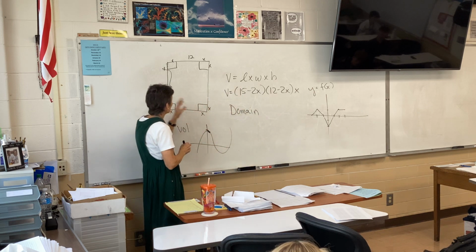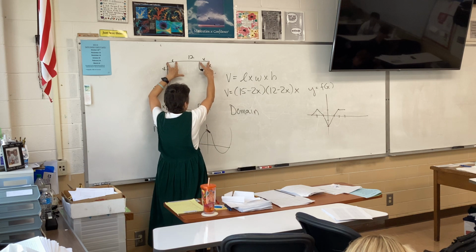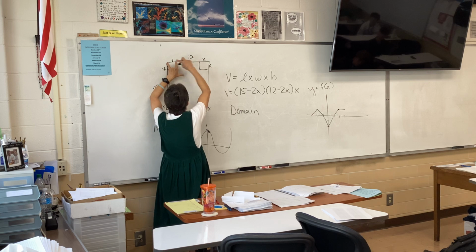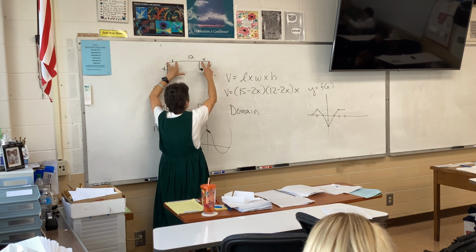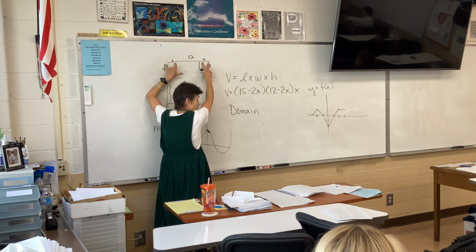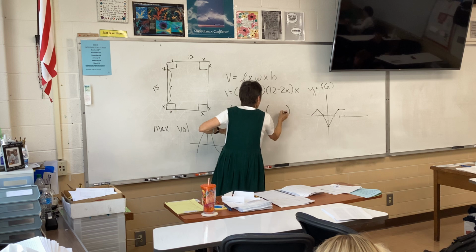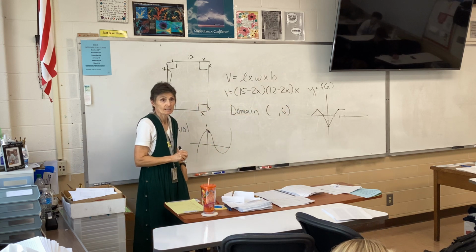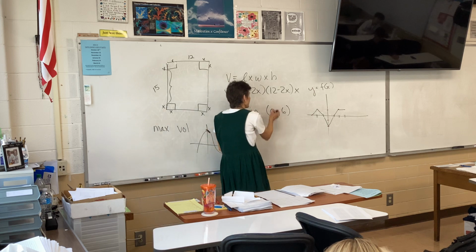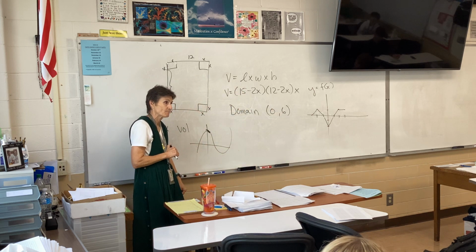You know this. I think we talked about it before. If I am going to cut off a piece here and a piece here, and it's only 12 to start with, what is the most I can cut off from each side? 6. So your domain, the highest value is 6. And of course the lowest value is 0 because you can't cut a negative piece off.